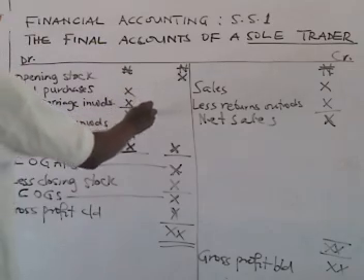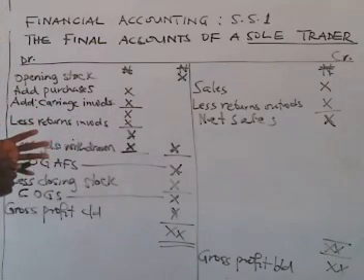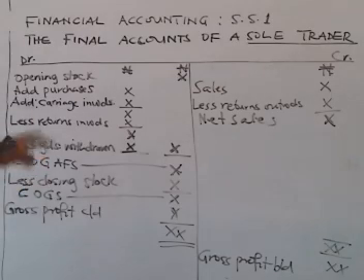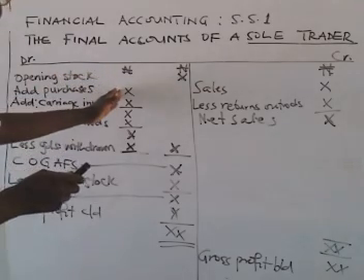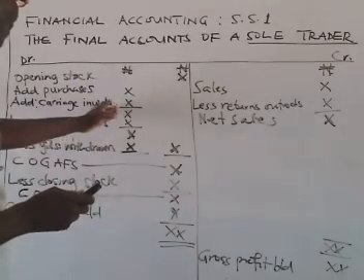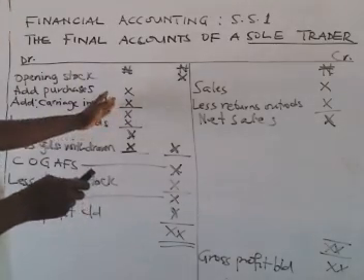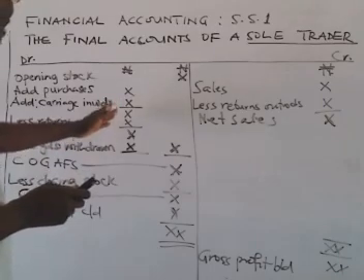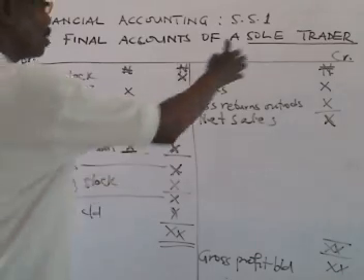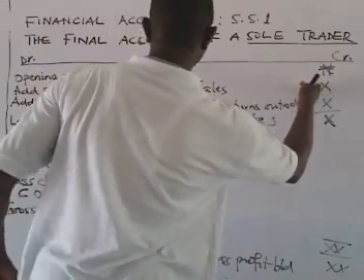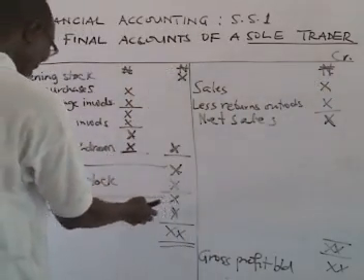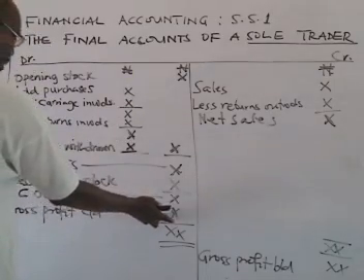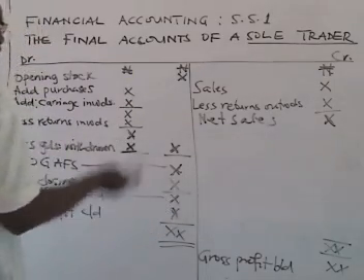When preparing this account, you must take note of two things: opening stock and other items here. Other items here are called income received. When you get your income on the credit side, from there you now subtract your expenses. You get what is called gross profit.